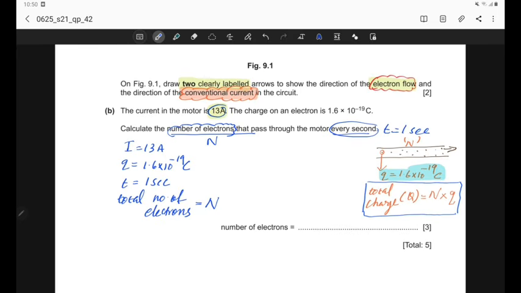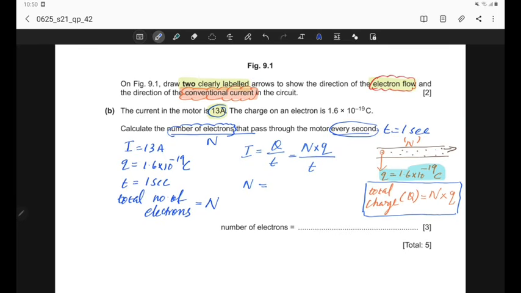Now we can use the equation of current. Current is the rate of flow of charge. So I is Q over T, where Q is the total charge flowing in the given time, and for Q we have already written the number of electrons times the charge of a single electron. So I equals N times q over T. Now in order to calculate the total number of electrons, we can make capital N the subject.